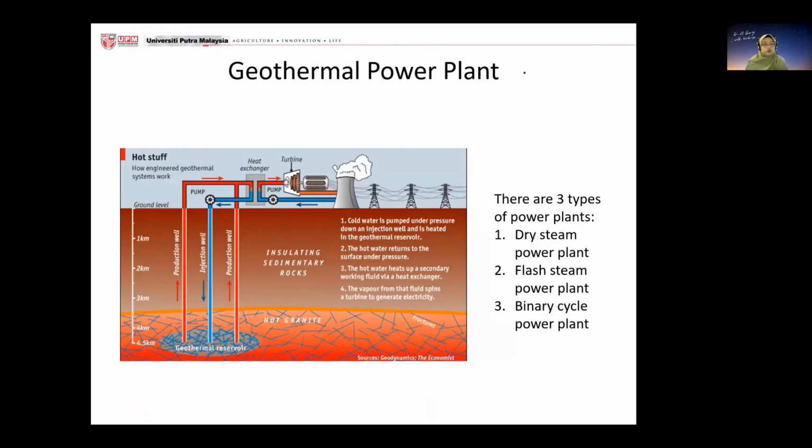Before we go into what exactly these three types of power plants are, I will just give you a brief description about what happens in a typical geothermal power plant.